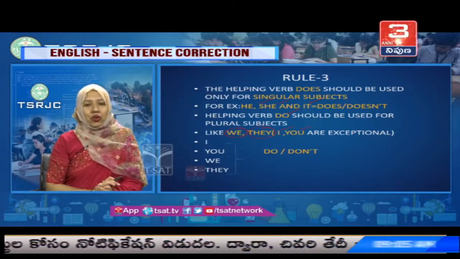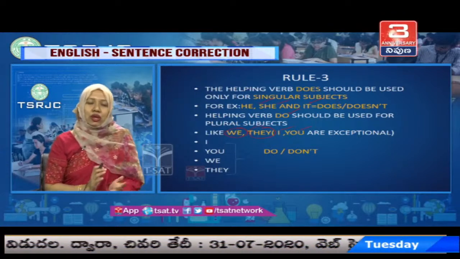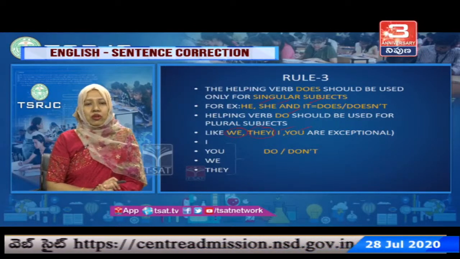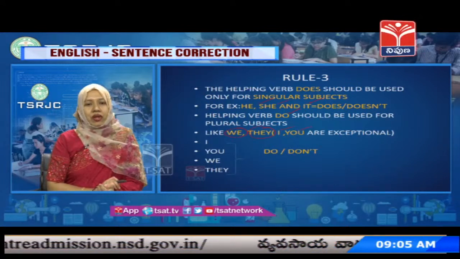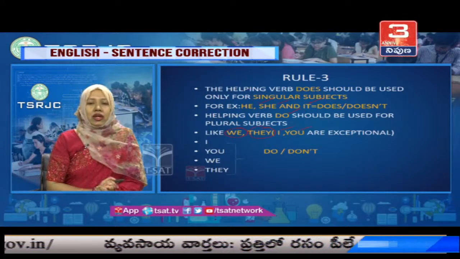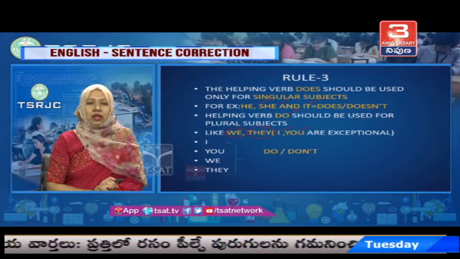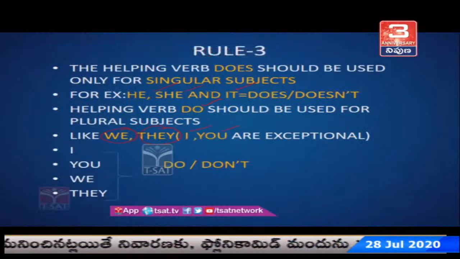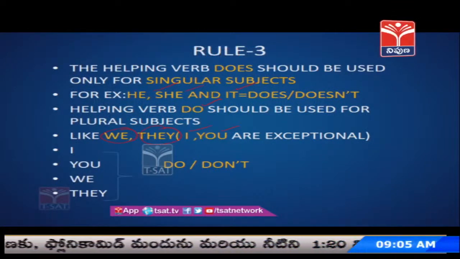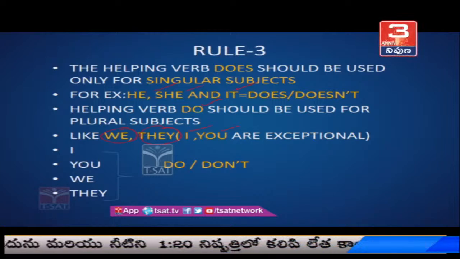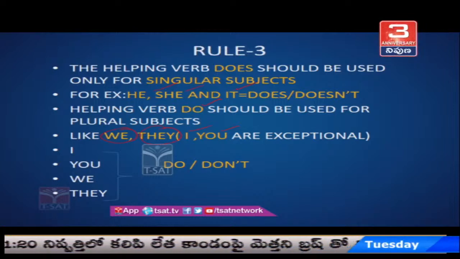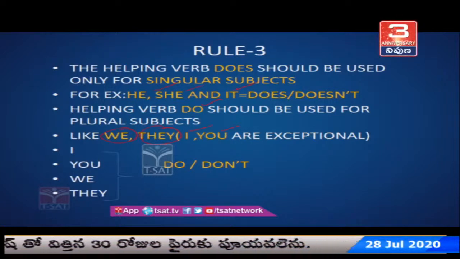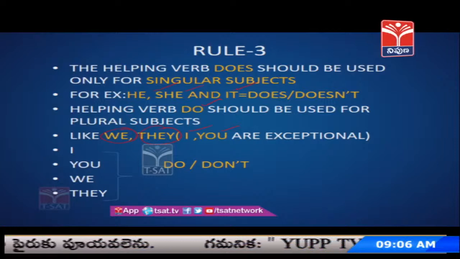I and you are exceptional cases: though I and you are singular subjects, the verb is also "do". So along with the helping verb "do", we use plural subjects: we and they. The helping verb "do" is used along with the subjects we and they, which are plural.